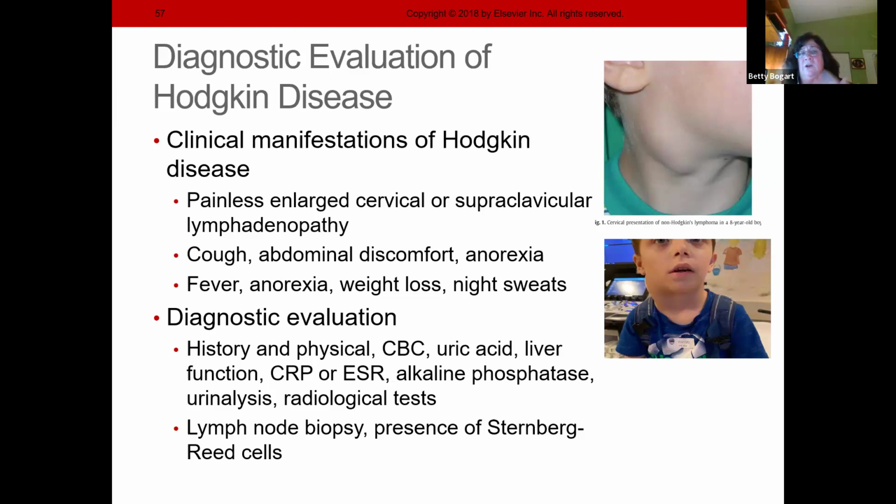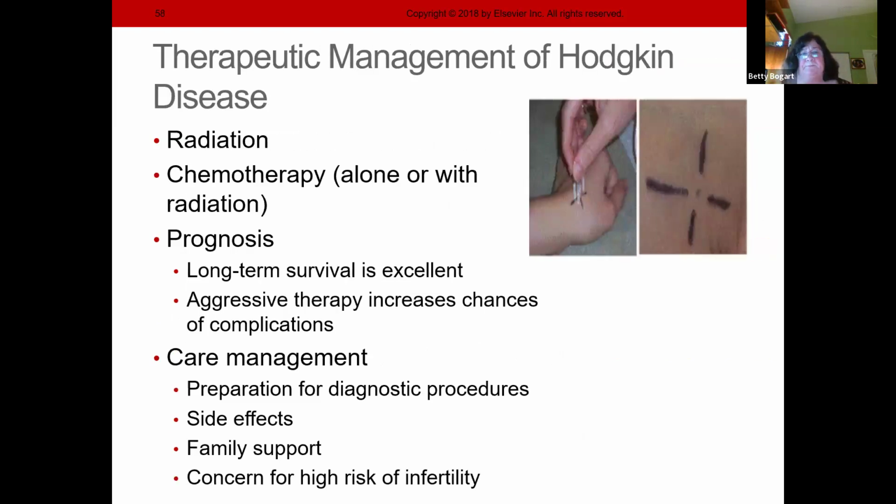And that's telling you it's Hodgkin's lymphoma. We can do radiation, we could do chemo. Either of them work okay. But the problem with chemo radiation, they say that this child might be at risk to be infertile as they grow up. So it's one of those side effects of it.